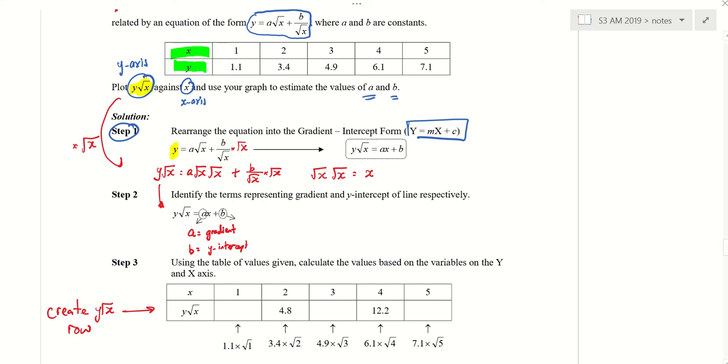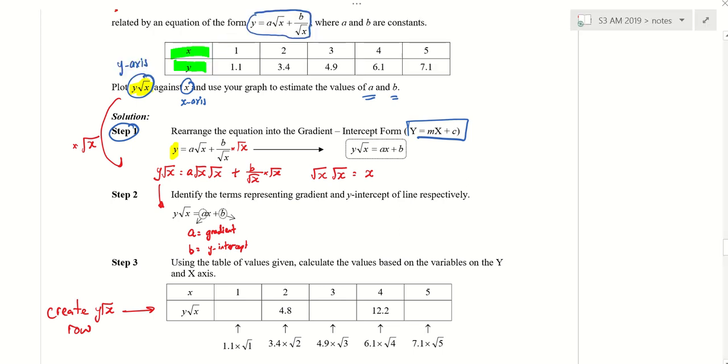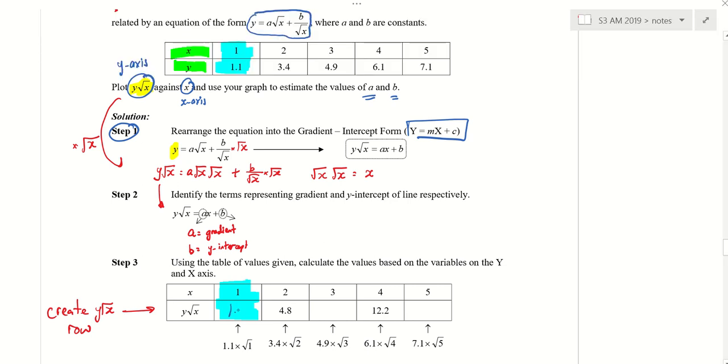If I can color it, I will color this box linked to this box, or highlight this box with this box. So it's linked. I use the top two values to find the bottom value. So over here, the answer will be 1.1. Keep it to 1 decimal place.